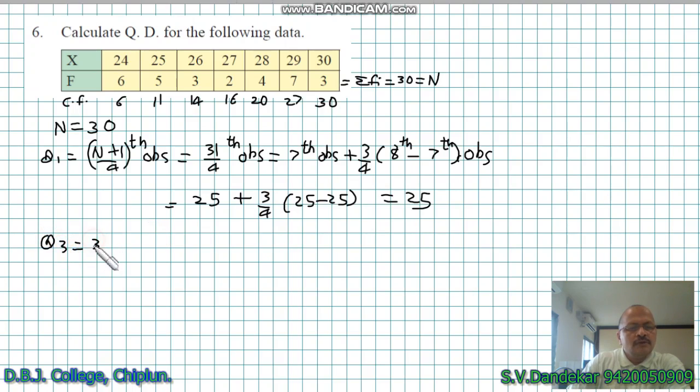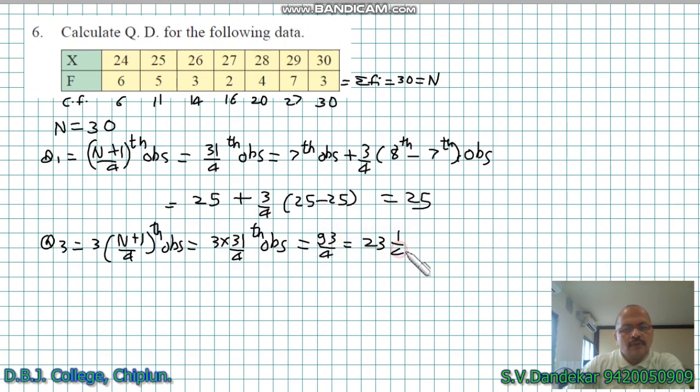Q3 is equal to 3 times (n plus 1) by 4th observation, equal to 3 times 31 by 4th observation, equal to 93 by 4, 23 1 by 4th, equal to 23rd observation plus 1 by 4 times (24th minus 23rd observation). 23rd observation and 24th observation both are 29.